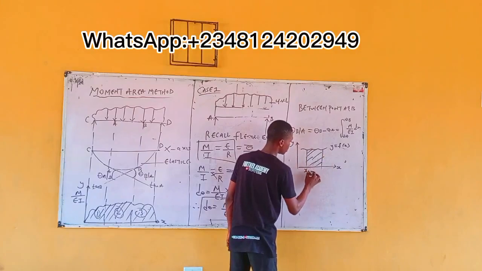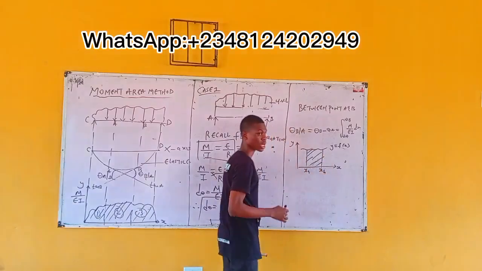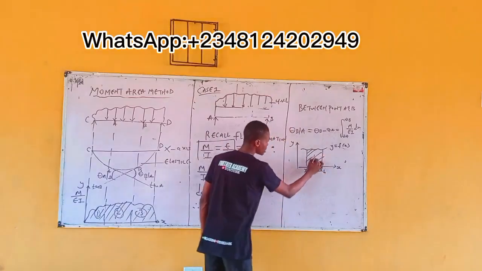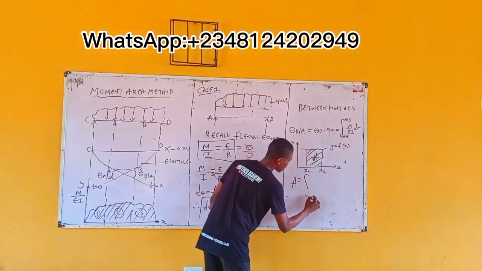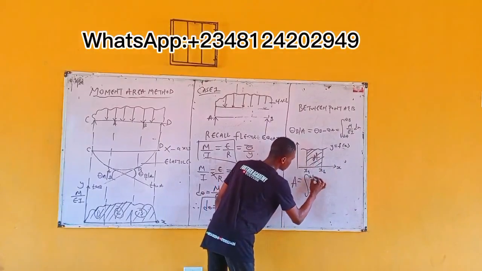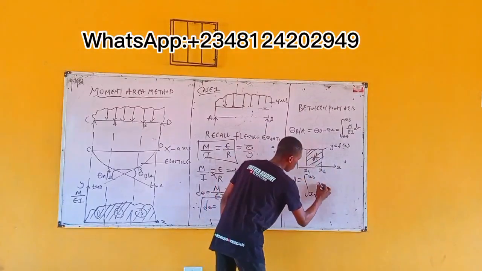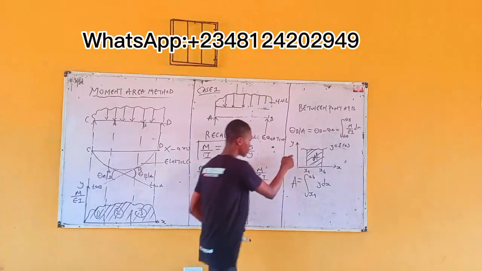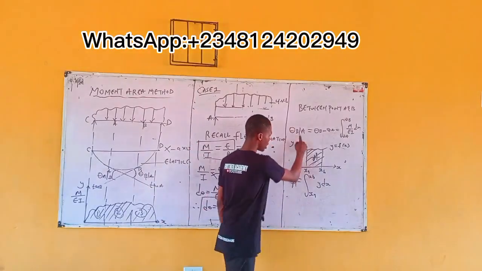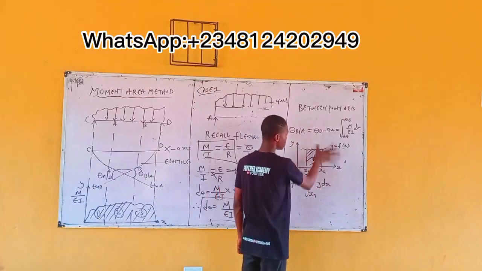This is xa. This is xb. Is that correct? To get this area, the area is equal to what? The integral from xa to xb of y dx. This is from integral calculus. Let's say you have this plane, y and x. This is your curve.